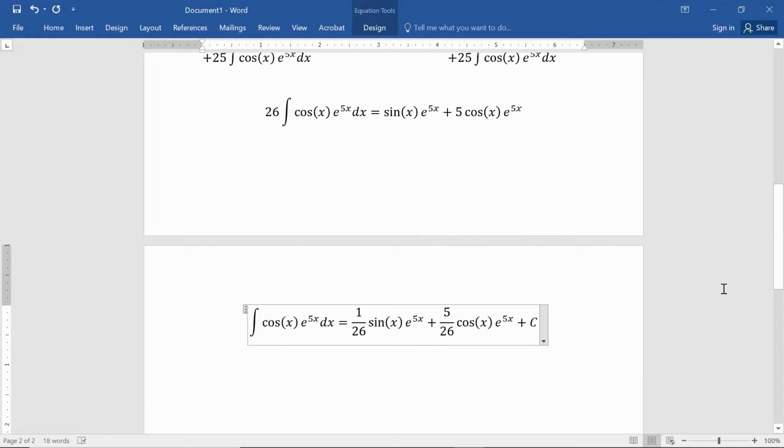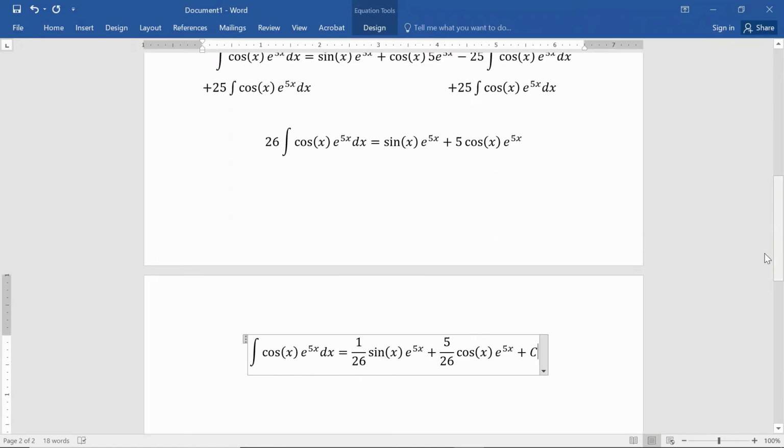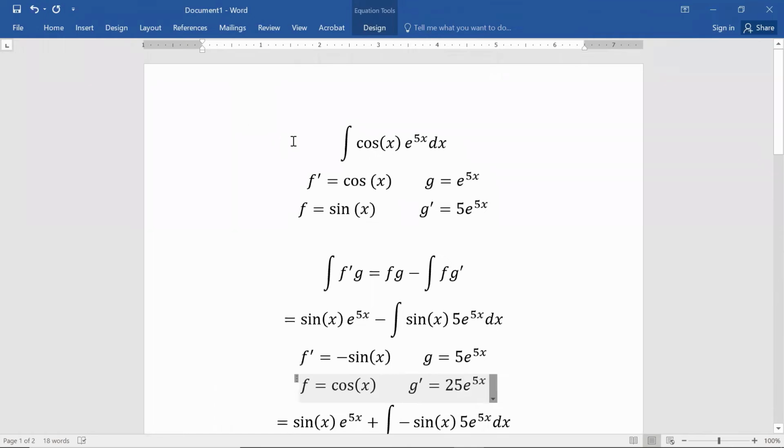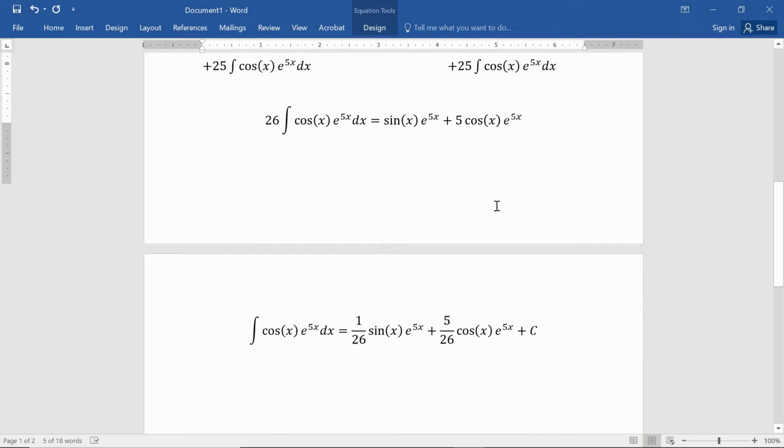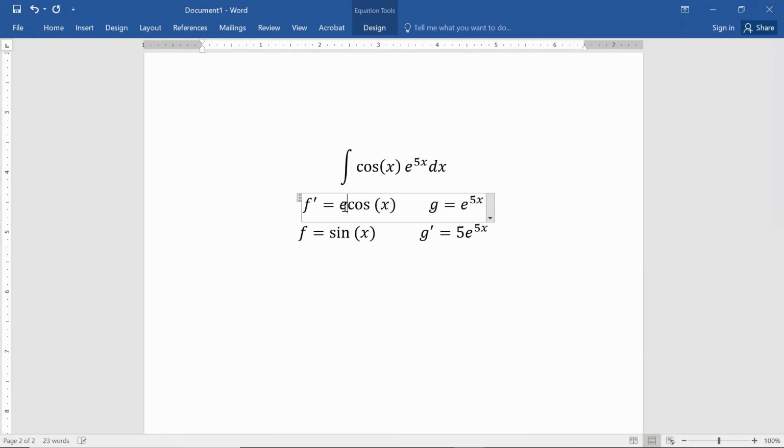Now, I said that this shouldn't be any different if you use the other f prime and g. If we went back up to our original problem, what if I had set e to the 5x as my f prime and cosine as my g?